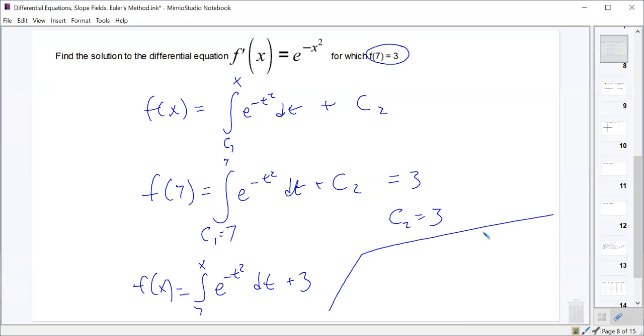And suppose I asked you, what was f of 1, let's say. You should be able to figure out what f of 1 is. F of 1 is the integral from 7 to 1 of e to the negative t squared dt plus 3. And your calculator will tell you what that is, right? Rounded to 3 decimals, what should that be?